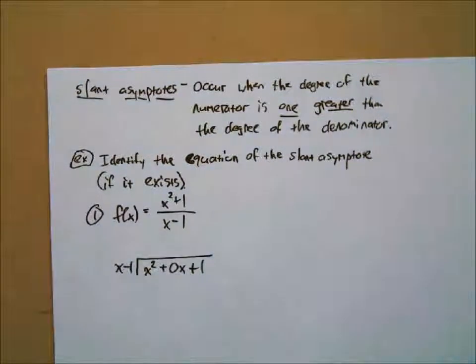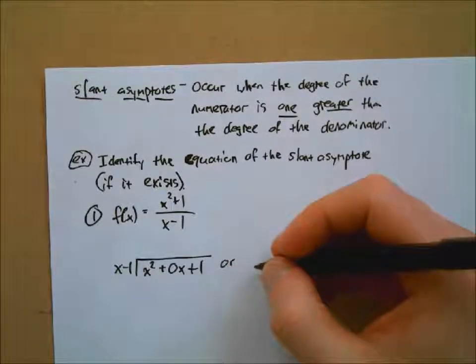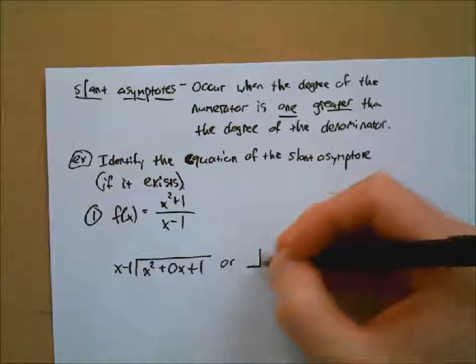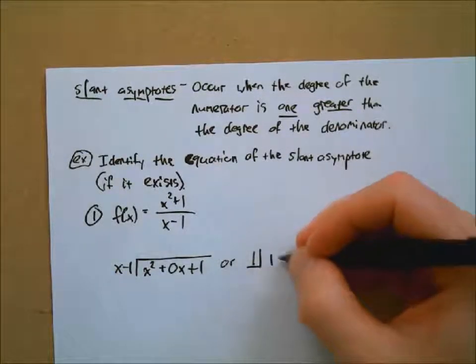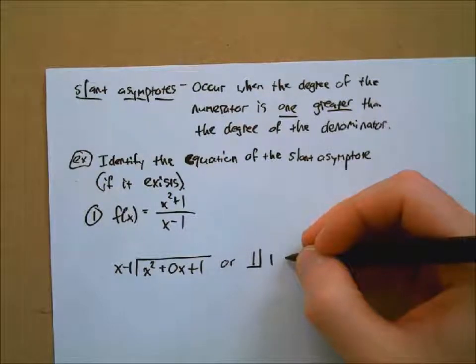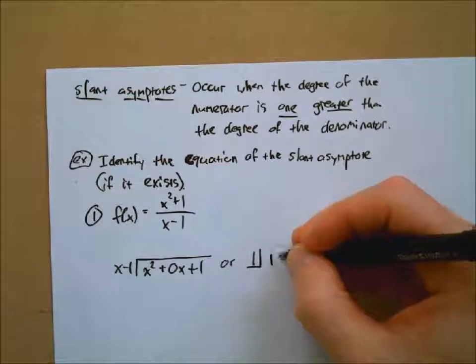Cooper, question? Alternatively, we could use synthetic division. Cooper, what would that look like? The box with 1 in it, 1, and then 1, 0, 1. Don't forget the placeholder.